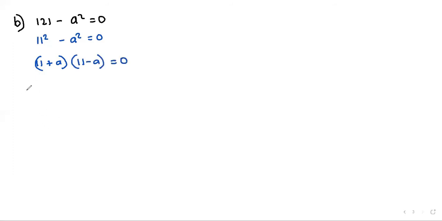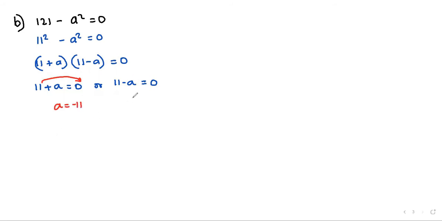And in our next step, we say that 11 plus a is equal to 0, or 11 minus a is equal to 0. Then it implies that this 11 will come this side in order to get a. So a is equal to -11.